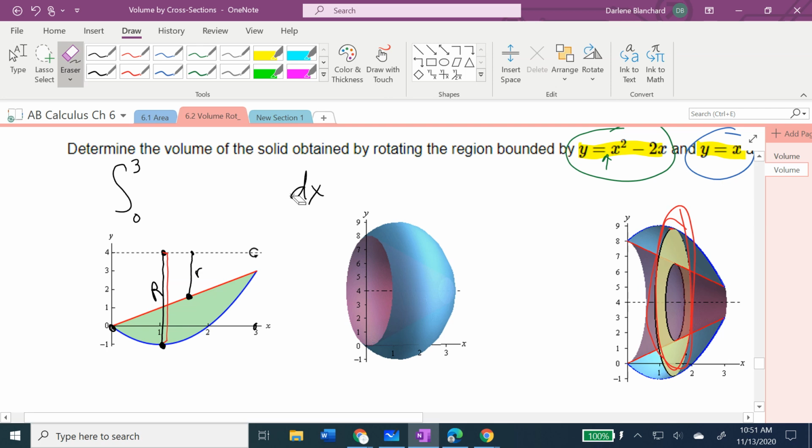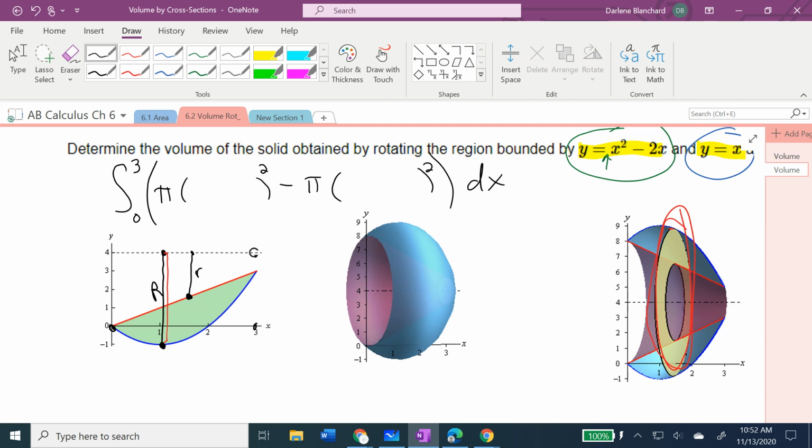Then geometry. You're dealing with the area of a big circle or an outer circle minus an inner circle. And it's not until this point that it really matters to focus on who these are. Now, these radii are vertical.